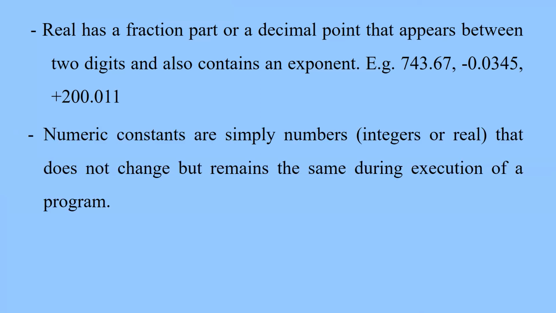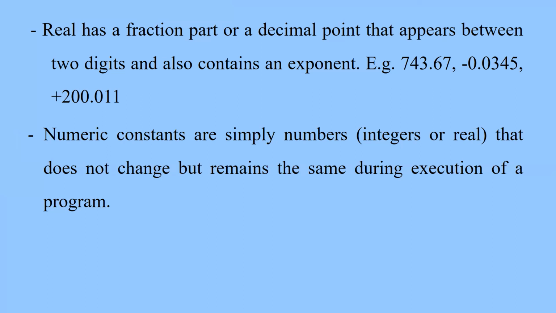Numeric constants are simply numbers that do not change during program execution, but remain the same. Therefore, when you have a value or a figure that does not change throughout the execution of a program, whether it's a whole number or a number with a decimal point, we refer to it as a numeric constant.